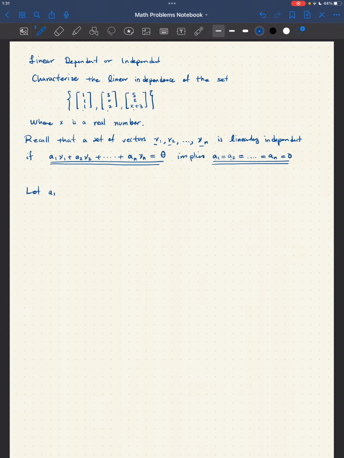Let a, b, and c be real numbers. Those are going to be our coefficients. What we're going to do is assume that the equation that we have here actually takes place.